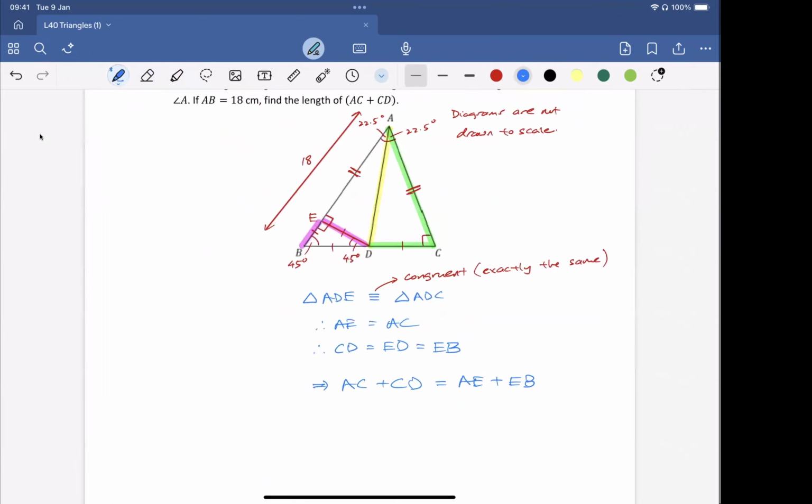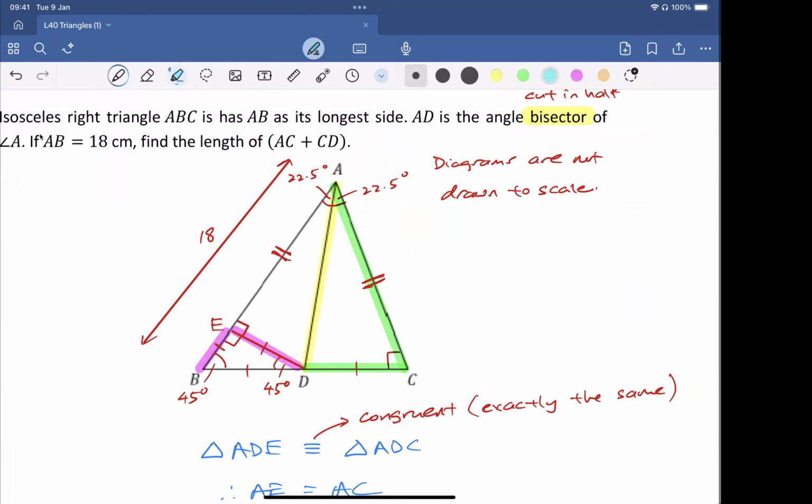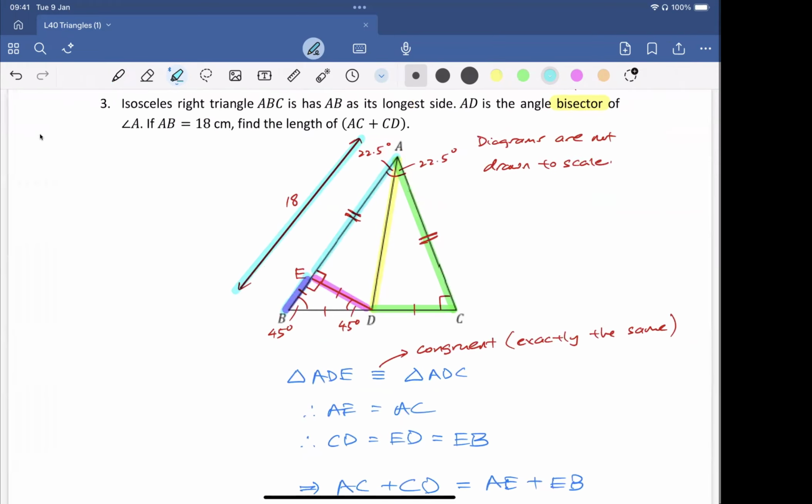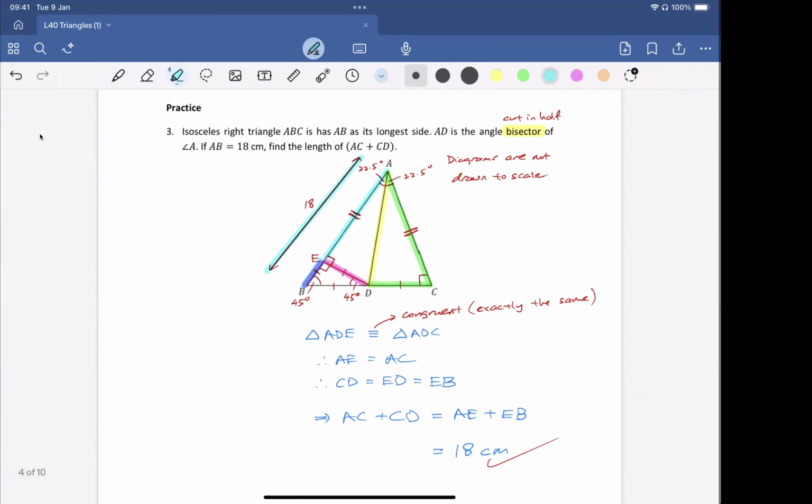Why am I doing this? Because I actually know AE plus EB equals 18. There you go. So you see, where is AE and where is AB? This is AE. Then EB is over here. So the entire thing adds up to 18, which is going to be the same as AC plus CD. So now we have managed to find the length of AC plus CD.